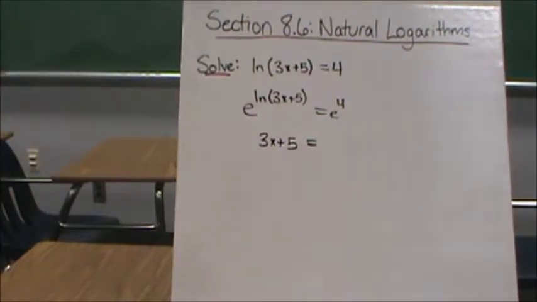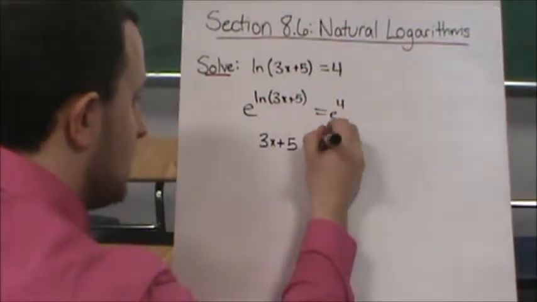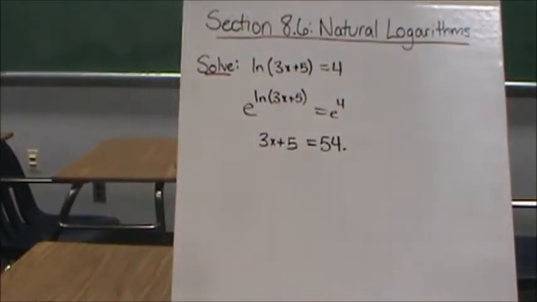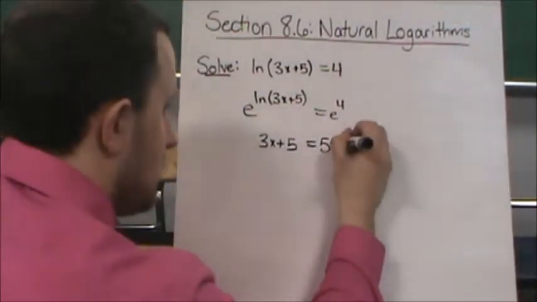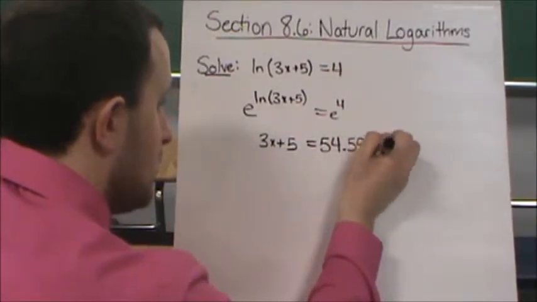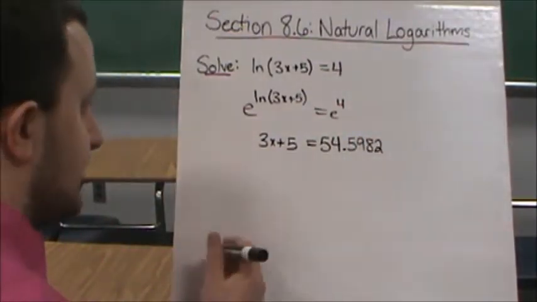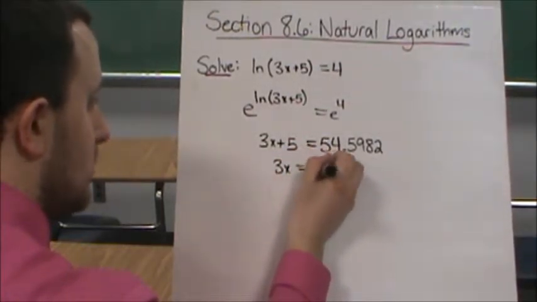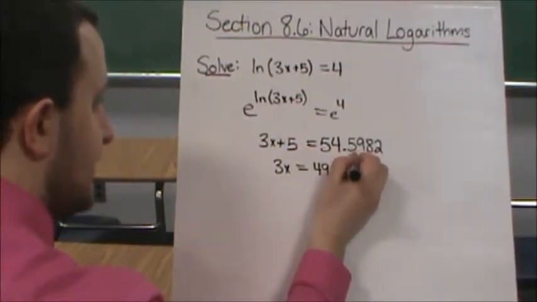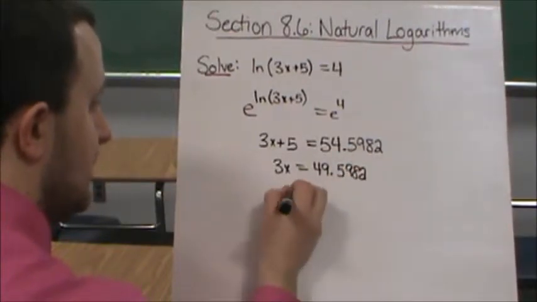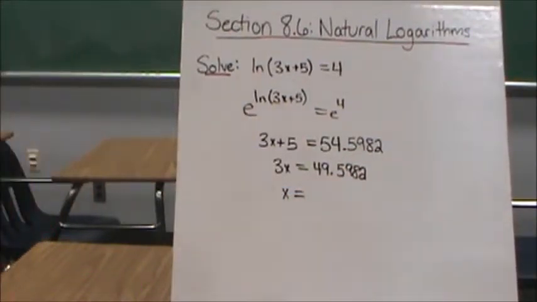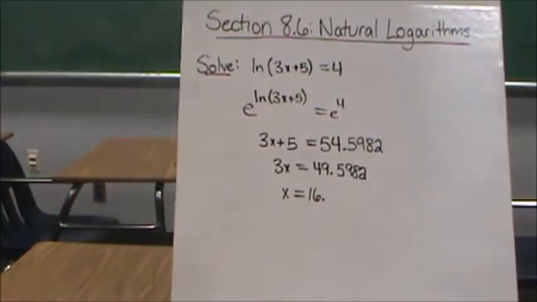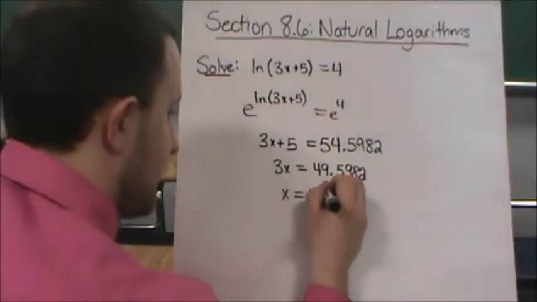And on the right side, e to the 4th is about 54.5982. And now it's as simple as just solving for x. 3x equals 49.5982, and divided by 3, you get x is about 16.5327.